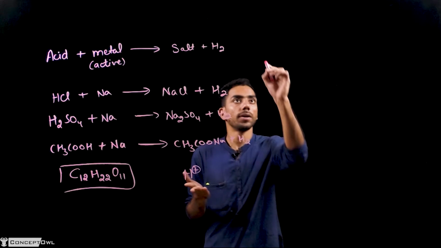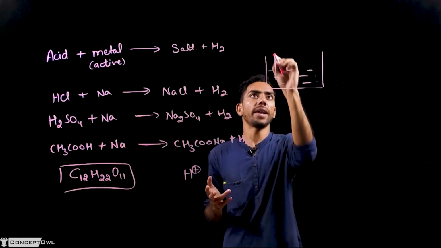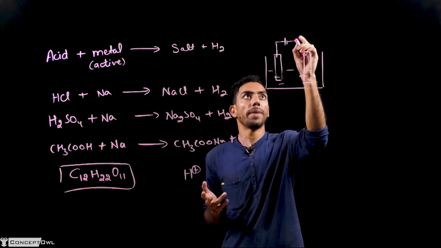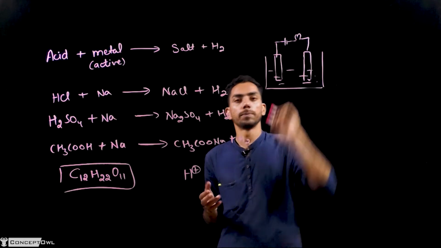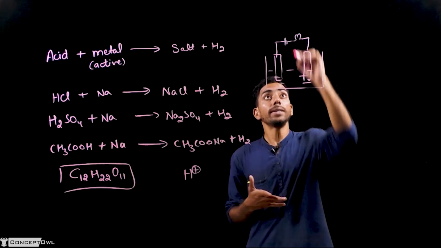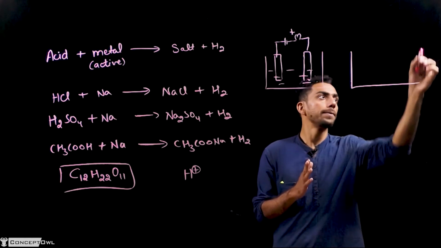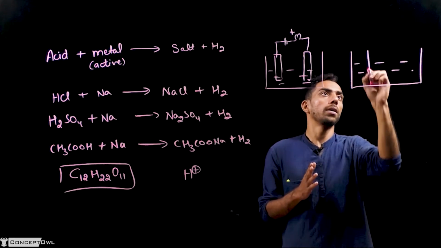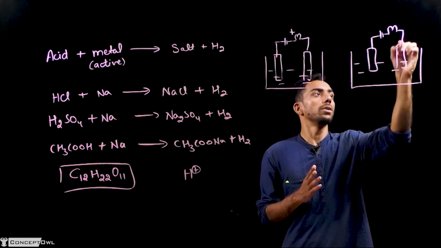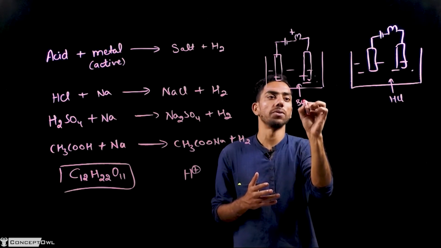What is that test? Just take sugar solution, that means sugar in water, and try to pass the current. So we have a battery and here we have a bulb. In the case of sugar solution, you will observe that this bulb will not glow. But when we take HCl solution, so this is our HCl solution, that means HCl in water, and this is our sugar solution.